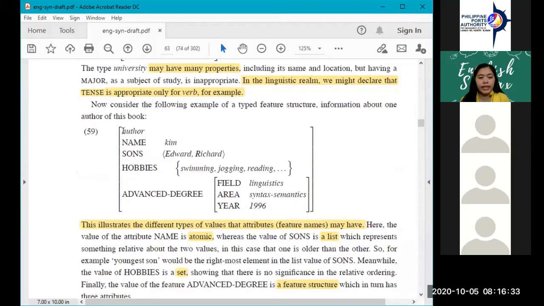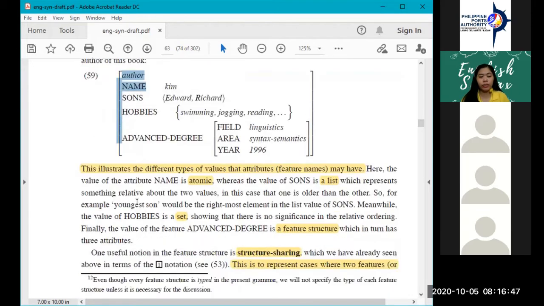So let's take a look at this one. This is the type feature structure. This is about the author of a book. These are the attributes of this person. What is the name? His name is Kim. This is atomic, the attribute name is written as atomic. Whereas the value of sons here is a list, since he has two sons.